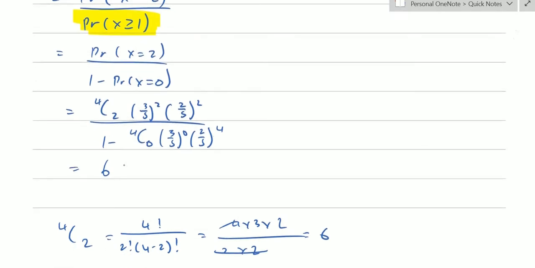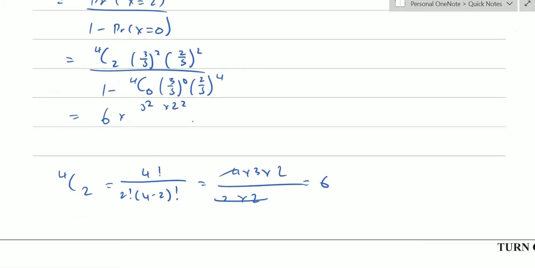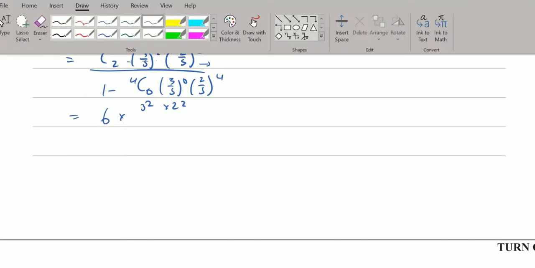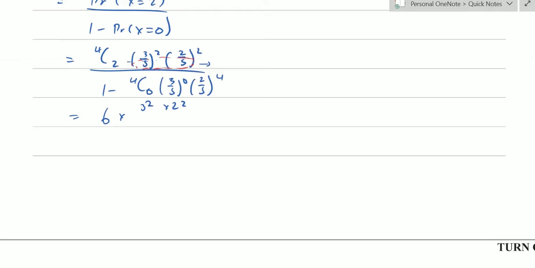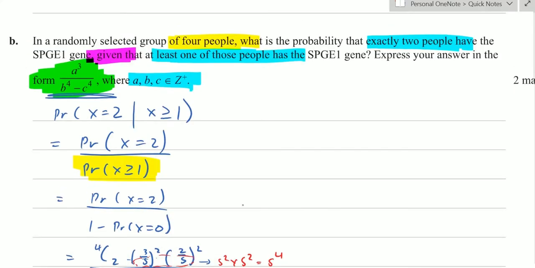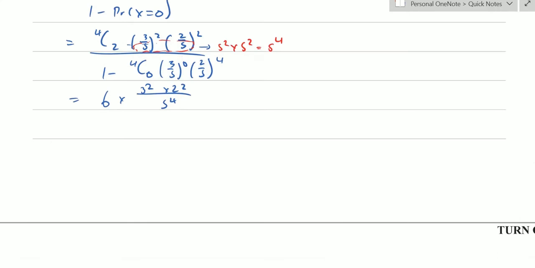So the top part, you can see you have 3 squared and 2 squared, and then the denominator of the bottom part, you can see it's going to be 5 squared times 5 squared, so that's going to be 5 to the power 4. So just make sure you keep everything as an exponent, just because the answer is also going to be in terms of exponents.